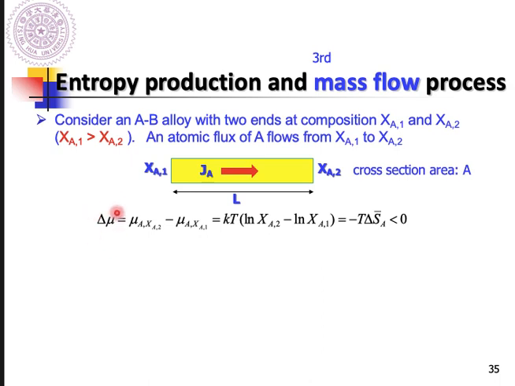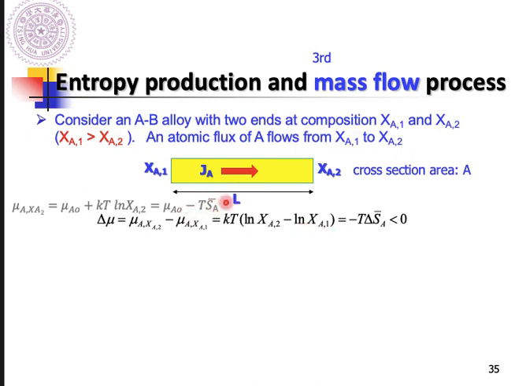So the chemical potential difference between 2 and 1 is mu A at XA2 minus mu A at XA1. Based on the previous slide, mu A at XA2 equals mu A0 plus kT log XA2, and mu A at XA1 equals mu A0 plus kT log XA1. Subtracting, you get kT times log XA2 minus log XA1.